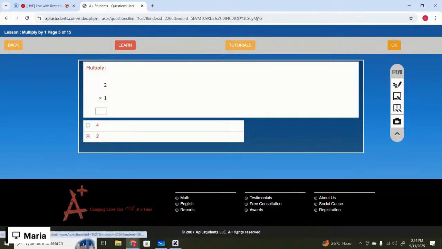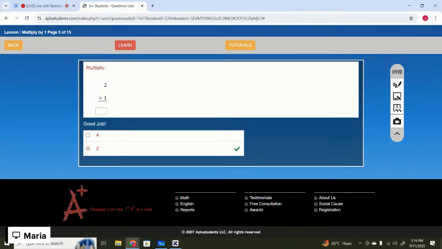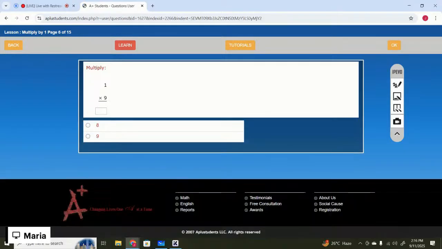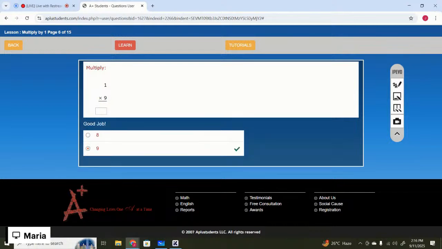Option number 2 is the correct option. One times 9 is, yes, 9 it is. Option number 2 is the correct option. So whatever number it is, if you are multiplying the number with 1, the number stays the same.